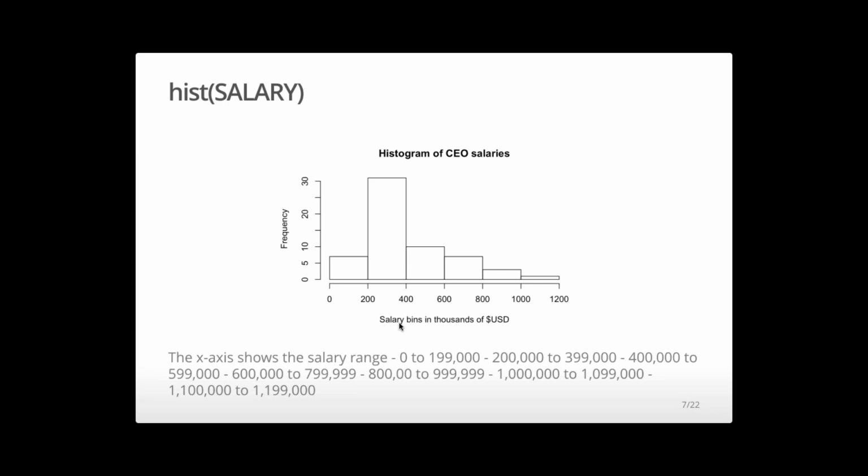Ed Zaya is asking about the data type for salary, which was just brought in by default as an integer because the numbers in our data set are integers. And that doesn't affect the display here. We would still have what we call bins, okay, for a histogram, whether the data is continuous or not.